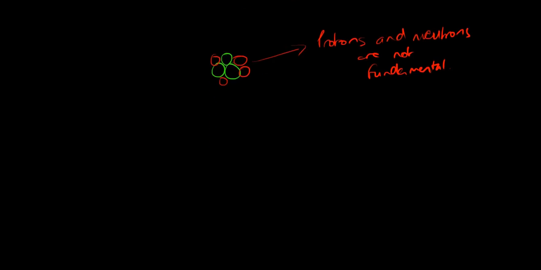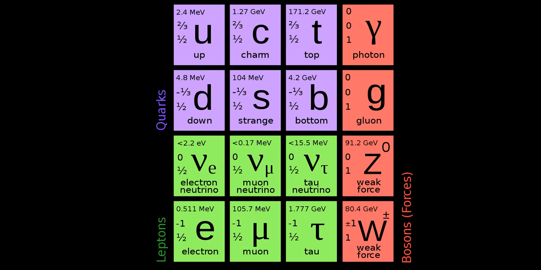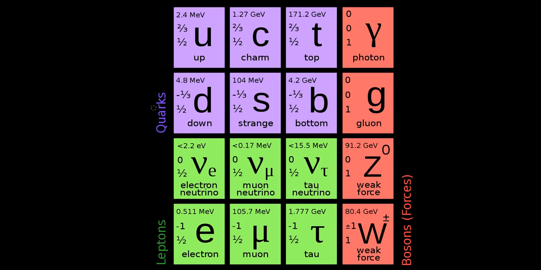And now let's quickly have a look at the standard model of physics. This is the standard model of physics, okay? Quarks are these particles over here. And you also have things called leptons over here, that include the electron and neutrinos, which we'll come across. And then we have bosons over here.